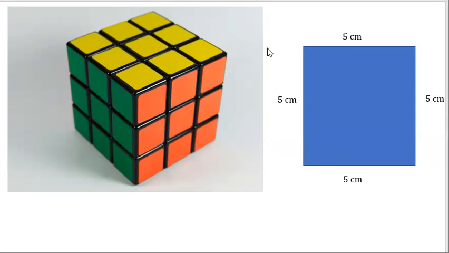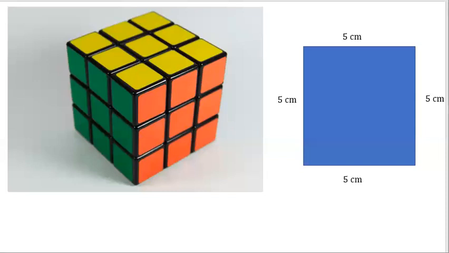It's going to be 25 to the power of 3, or 25 by 25 by 25. What's the answer for that? You guys could use calculators. No, that's not it.